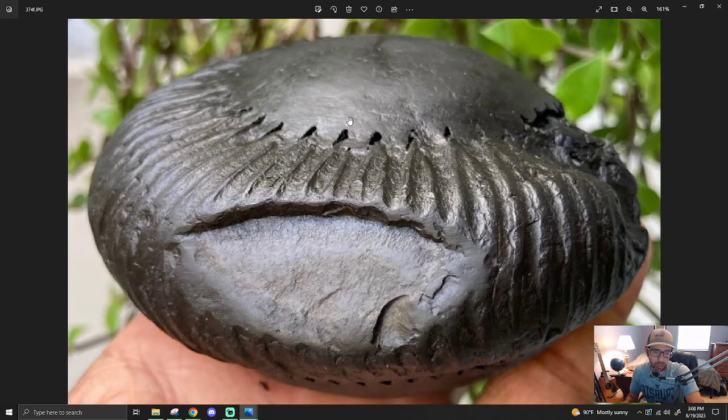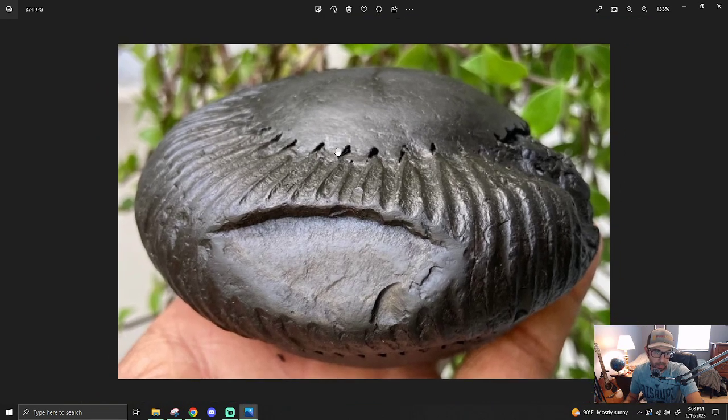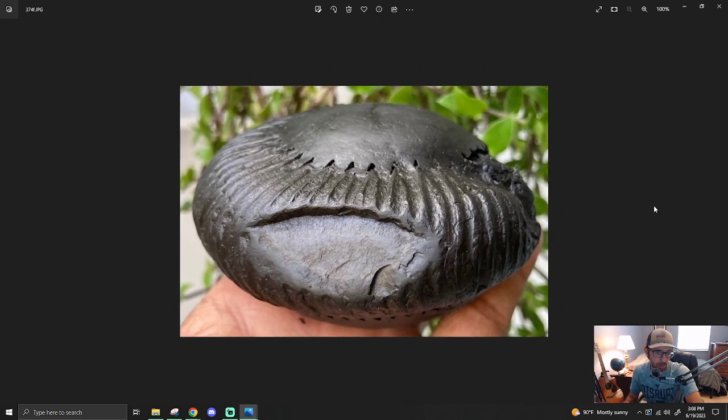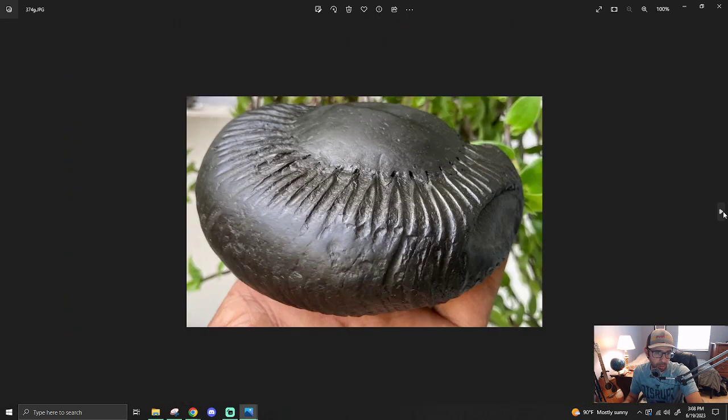Like as the currents differentiated, water, I guess, flows through these pores in the top side as part of the process.